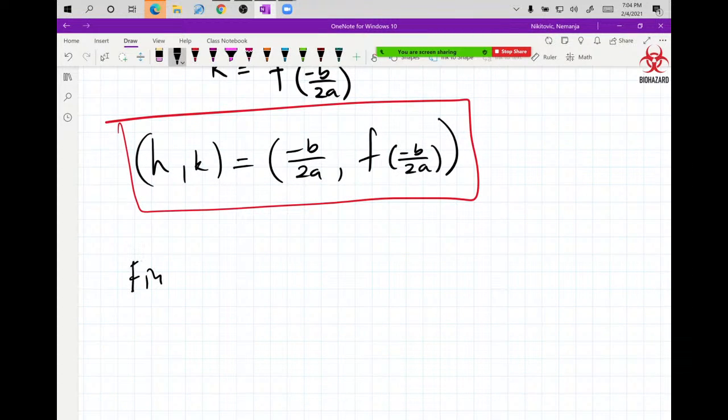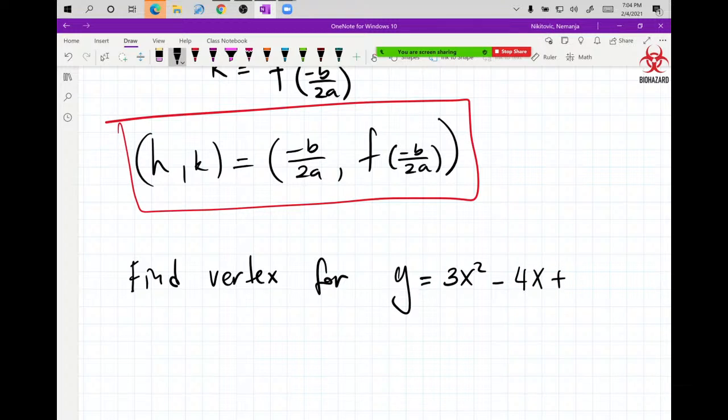Find the vertex for y equals 3x squared minus 4x plus 11. So you go, my a is 3, my b is negative 4, my c is 11.